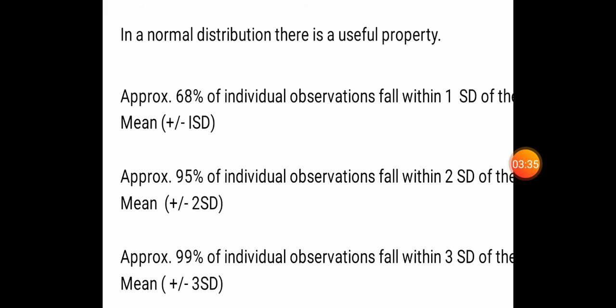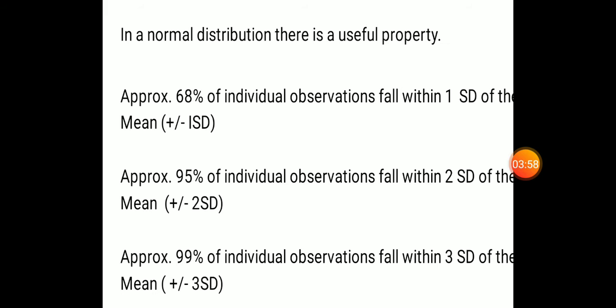The standard deviation I also calculated. From which population have I selected you? From the whole of the 2017 batch students. Now I found that the distribution follows a normal distribution, that means the distribution of the height of the students of this class of the 2017 batch is normal.